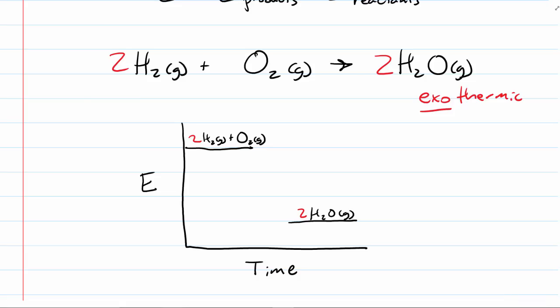And this distance right here between the two is what we'd label as the change in internal energy, the delta E. And this would tell us that delta E has a value that is negative, because we end at a low value and start at a high value. A small value minus a large value is going to give us a value that is negative.